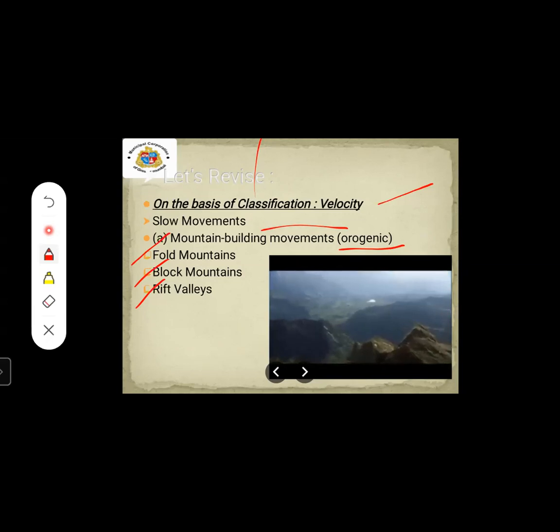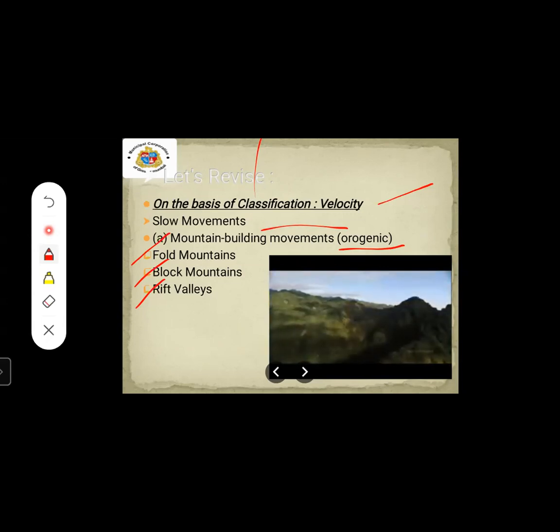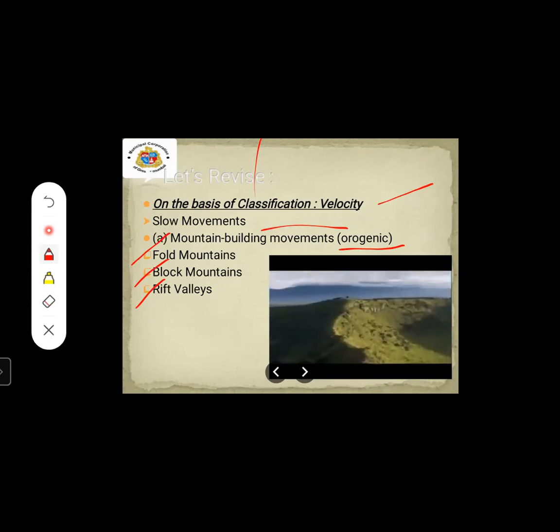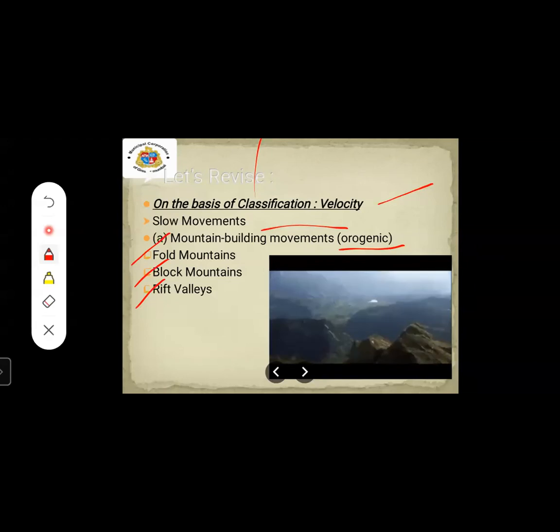Tremendous energy is released by the radioactive materials in the mantle. Due to this energy, waves travel from one place to another, and instability is caused in the mantle.